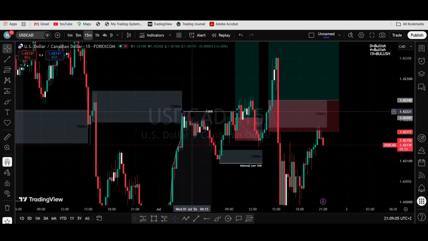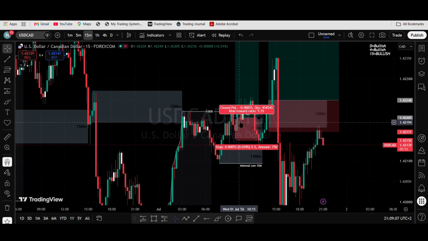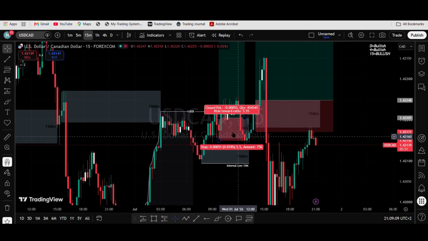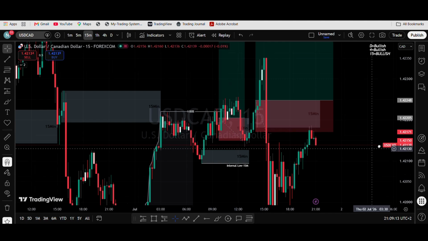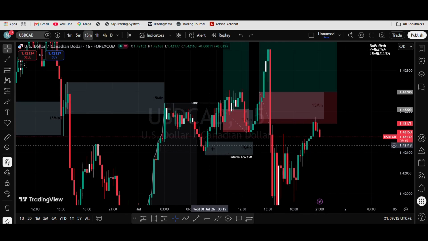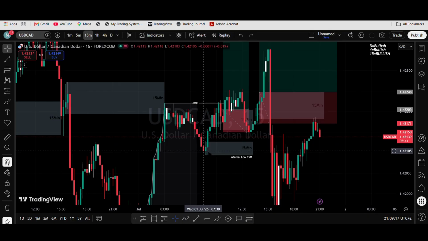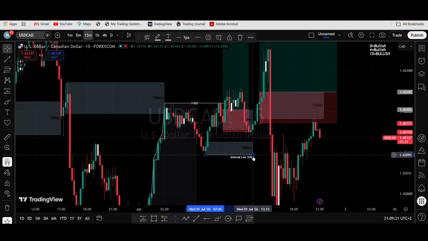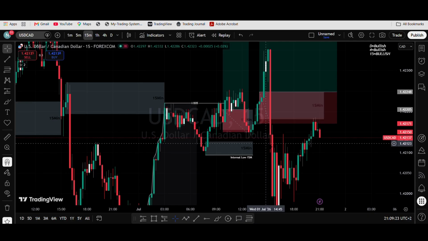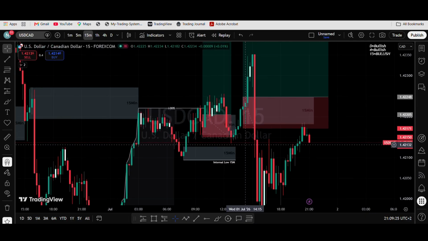The reaction after the IBOS down here, pivot zone, nice clear zone, was my first zone I was looking for, and the second zone was the pivot zone of the pullback on the internal. Cool.